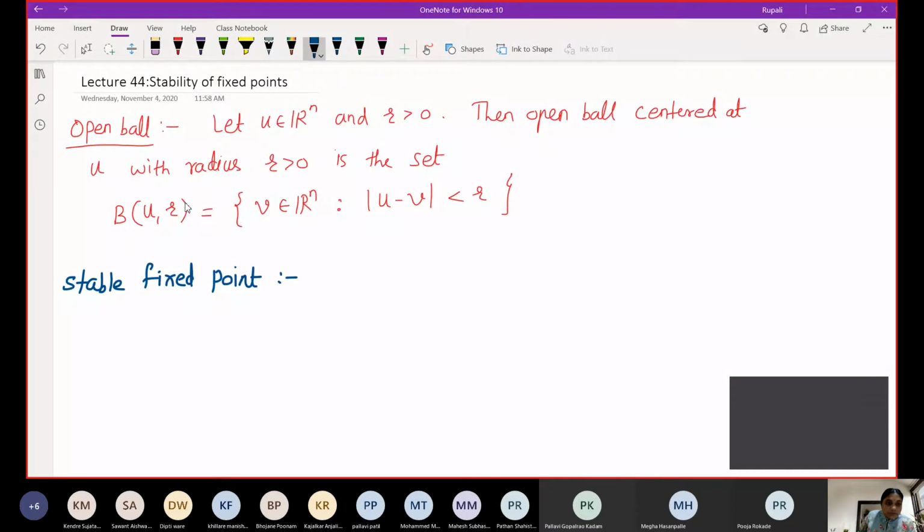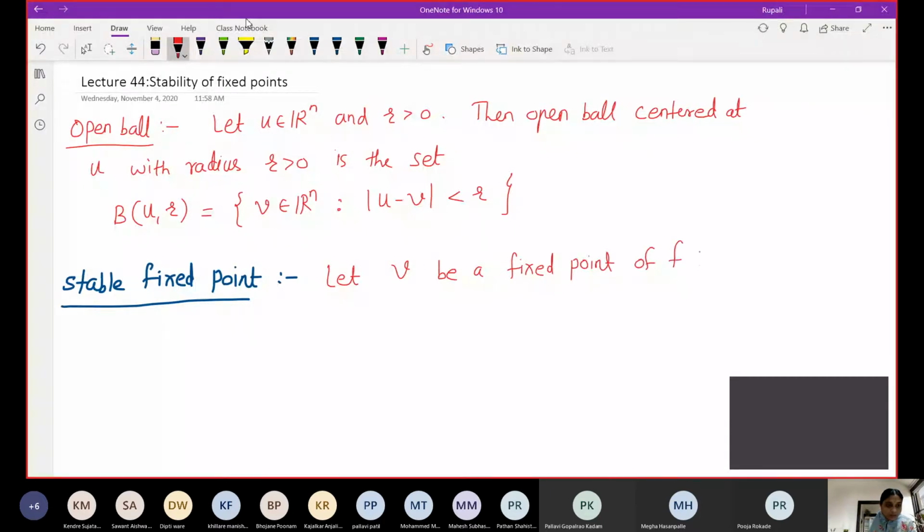U is said to be a fixed point of f if f of U is equal to U. Now what is meant by a stable fixed point? Okay, so let V be a fixed point of f. F is a function from Rn to Rn.